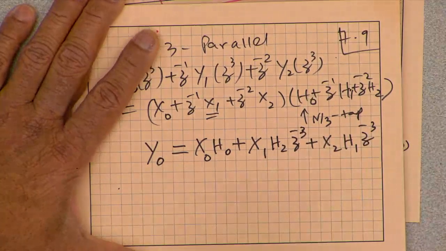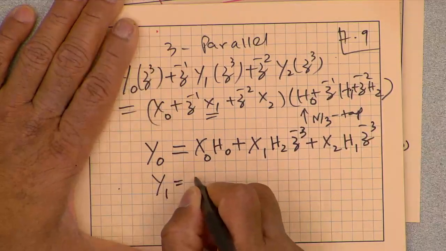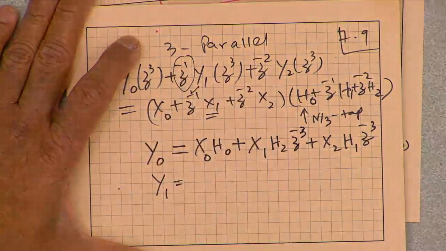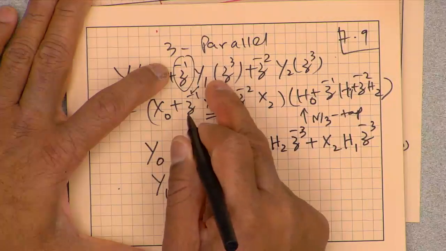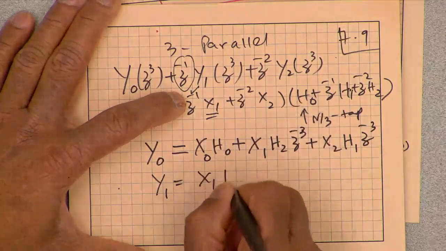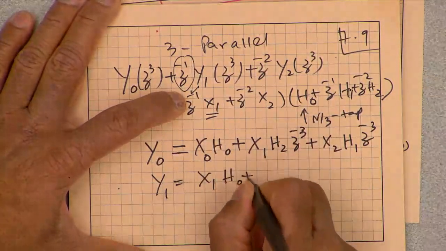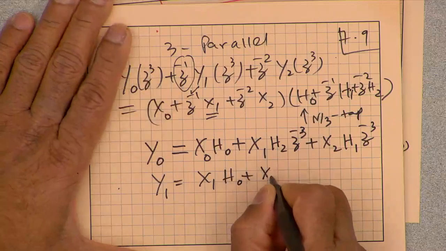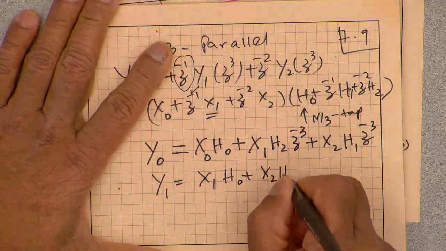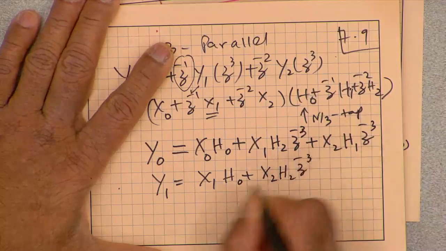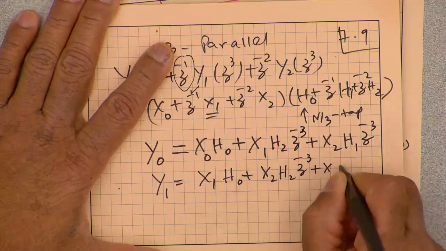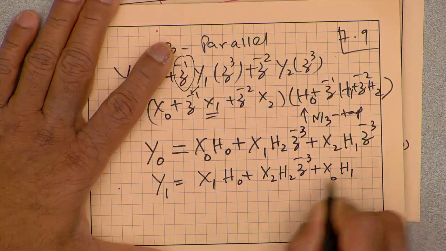That's one way of checking. y1 is going to be, so I don't need to include the z to power minus 1 because that's already taken outside the bracket. x1 h0, and check 1 plus 0 is 1, plus x2 h2, so 2 plus 2 is 4 minus 3 is 1, and x0 h1, 0 plus 1 is simply 1.